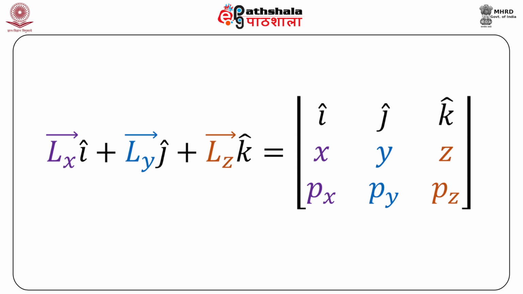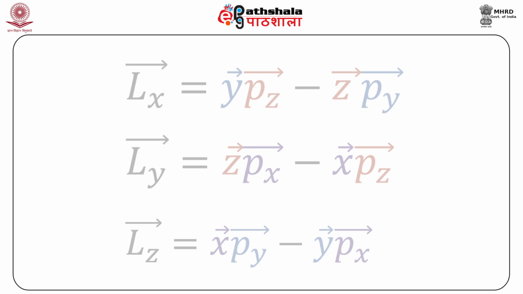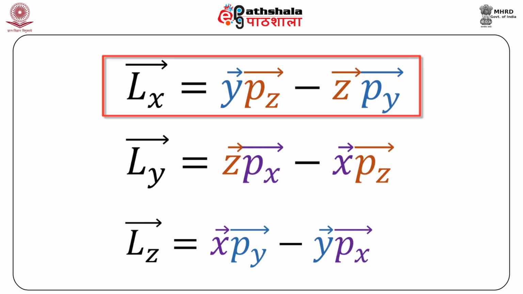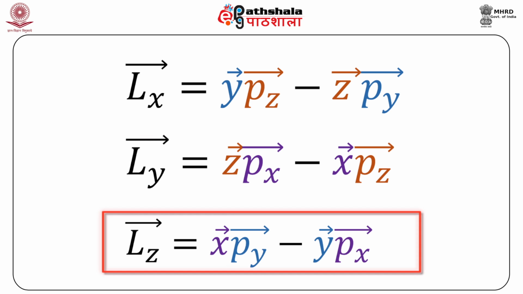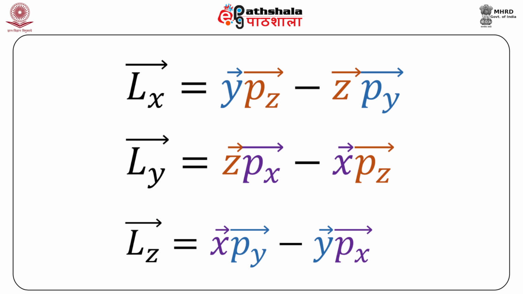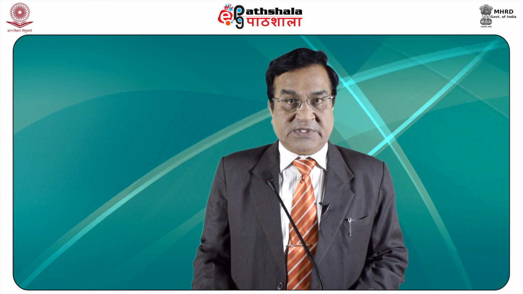Now if this expression is opened, then ultimately we will get that Lx will be given by y pz minus z py, and Ly, which is the angular momentum in y direction, will be given by z px minus x pz, and Lz will be given by x py minus y px. So these are the three components of angular momentum which we get. Now these are the classical expressions.